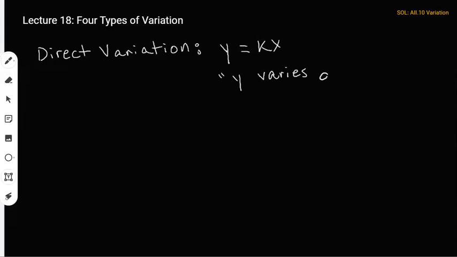Y varies directly as x. Now for direct variation, notice that k is just going to be a number. We can also call that a constant. It's called the constant of variation.